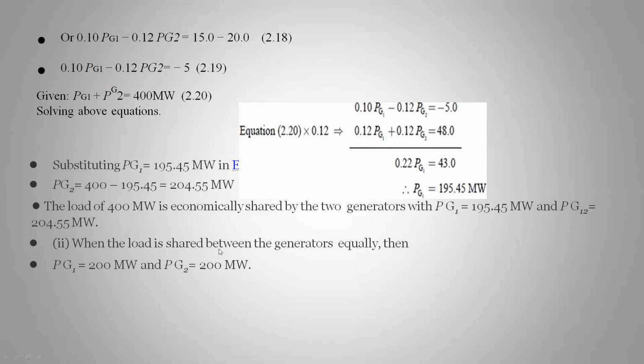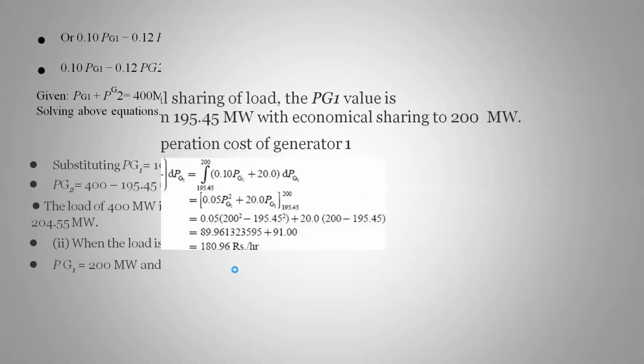When the load is shared equally, Pg1 is 200 and Pg2 is 200.